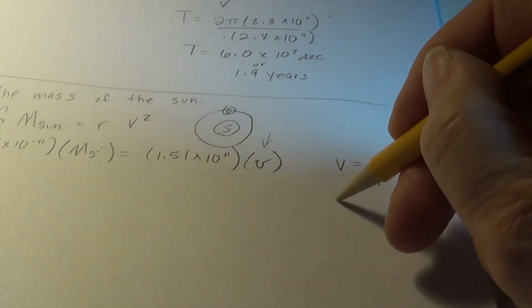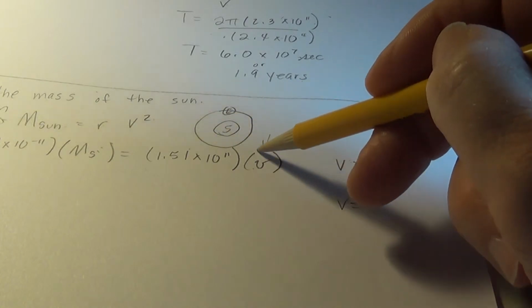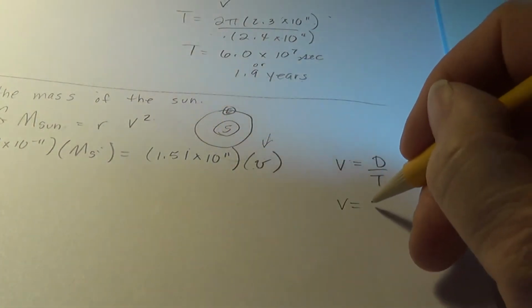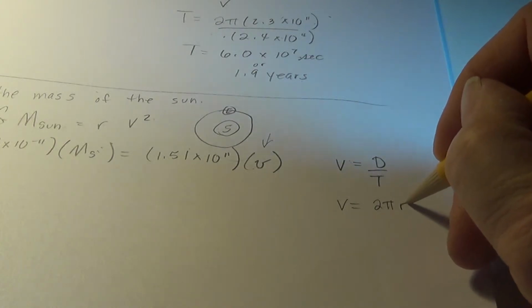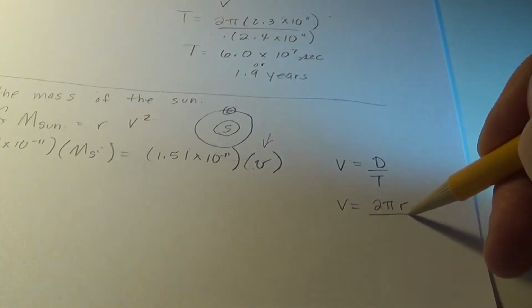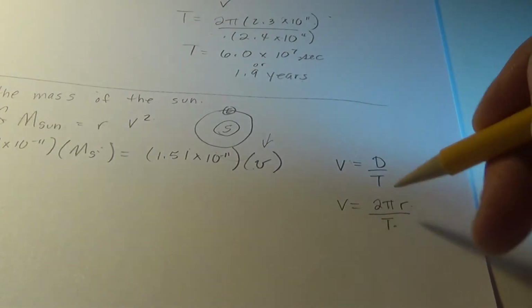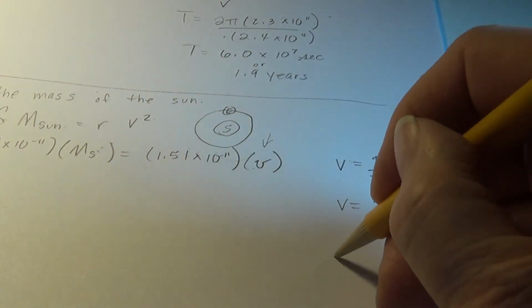All right, so how far is it when the Earth goes around the sun? I have 2 pi r. Do I know the radius? I do, because I used it right here. Do I know the time that it takes the Earth to go around? It's a year, so I can find that in seconds.